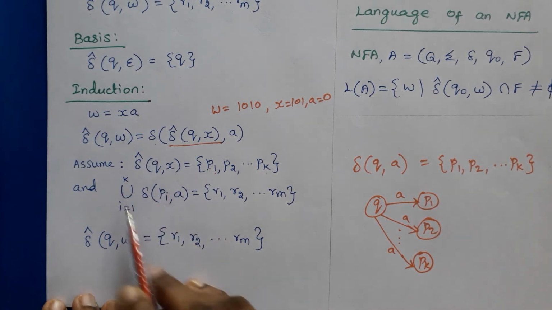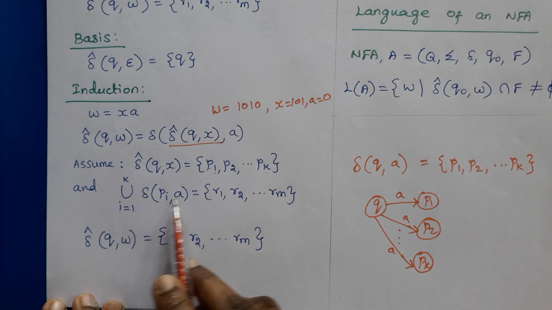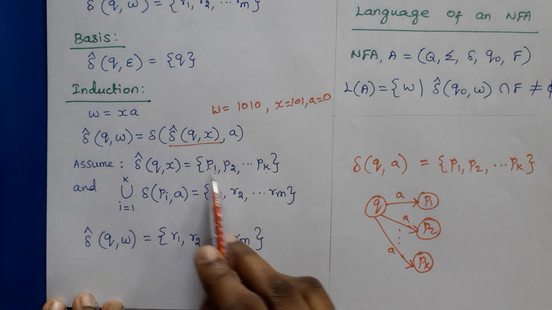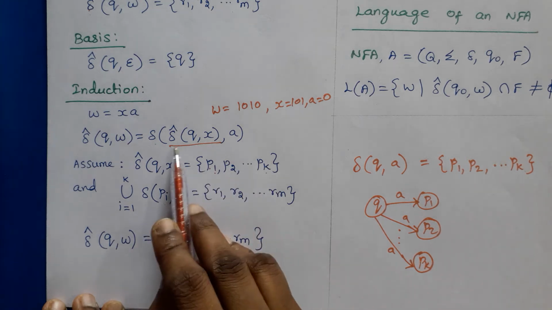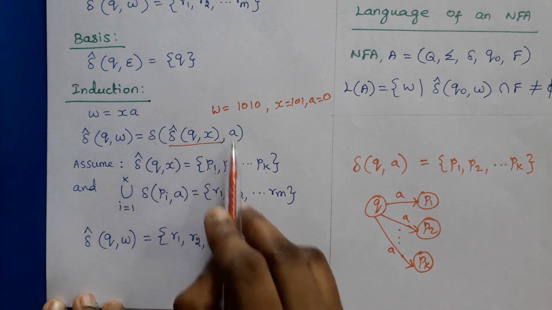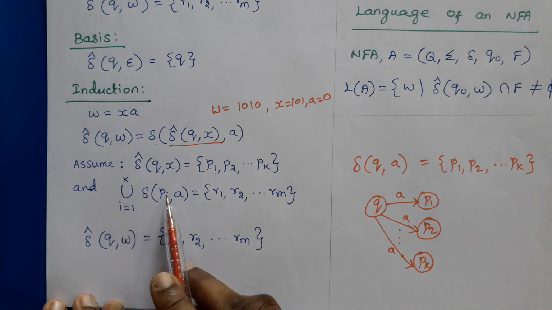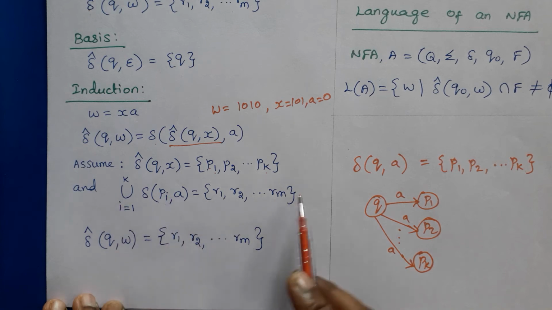So if you expand this, we will get delta of p1 comma a union delta of p2 comma a up to delta of pk comma a. So if you have substituted p1 p2 up to pk here and expanded like this, we will get this. And assume that this result is giving some m number of states, r1 r2 up to rm.